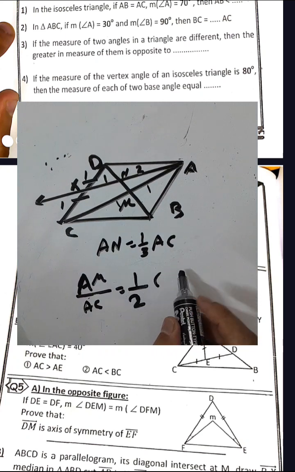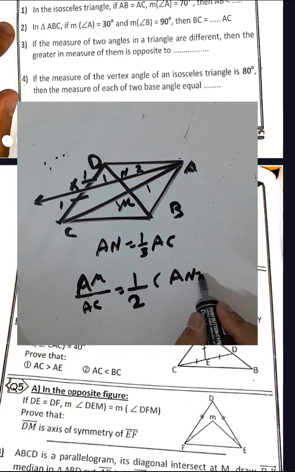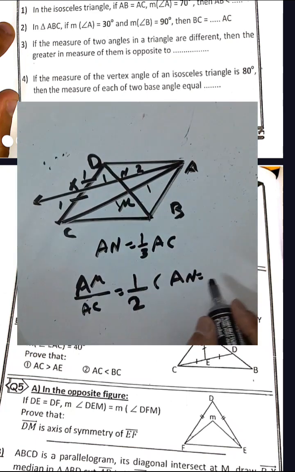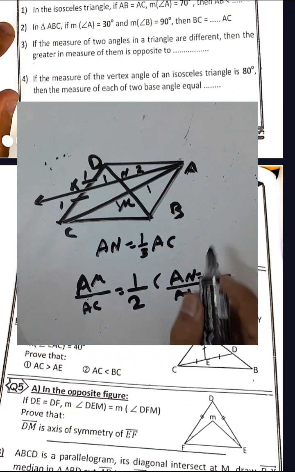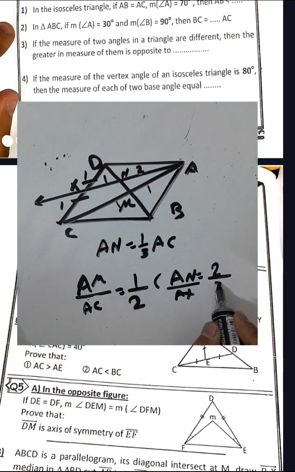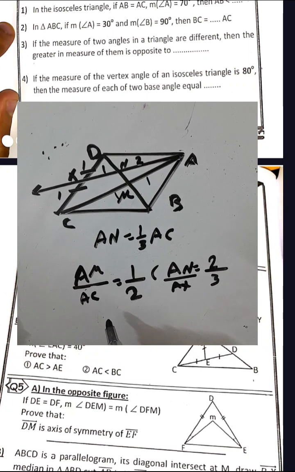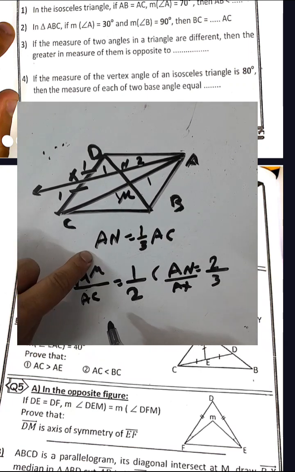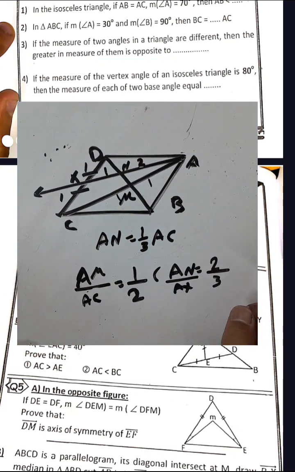And the ratio between AN and AX, AN 2 and AX 3. Then we can find the ratio between AN and AC. We can find the relation between them.